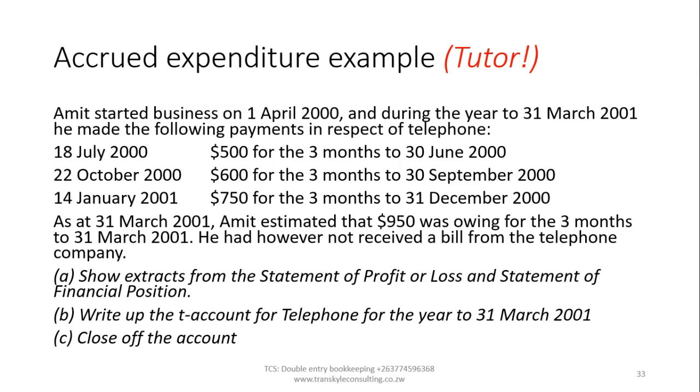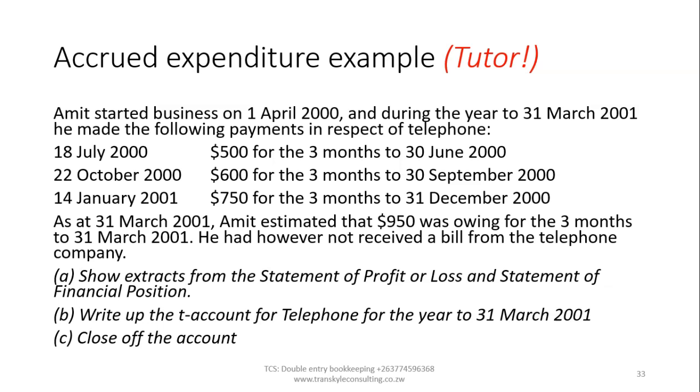On 14 January 2001, Ahmed paid $750 for the 3 months to 31st December 2000. As at 31st March 2001, Ahmed estimated that $950 was owing for the 3 months to 31st March 2001. He had, however, not received a bill from the telephone company.